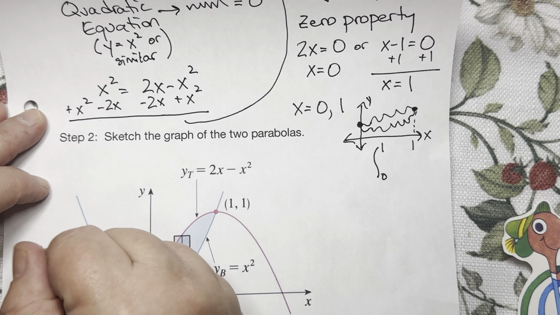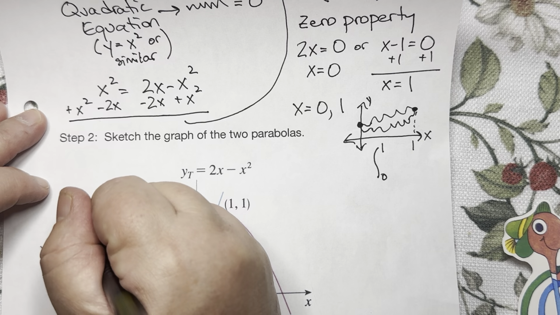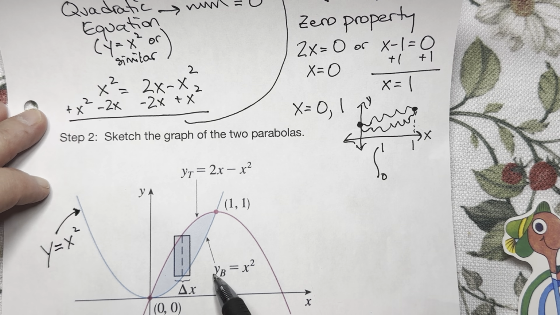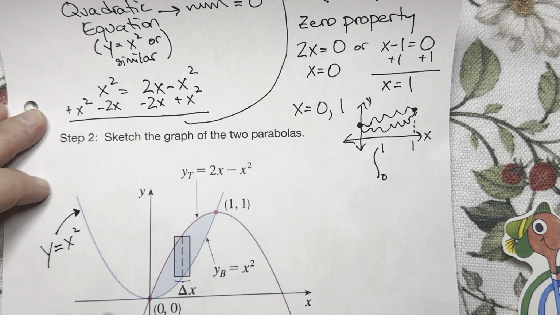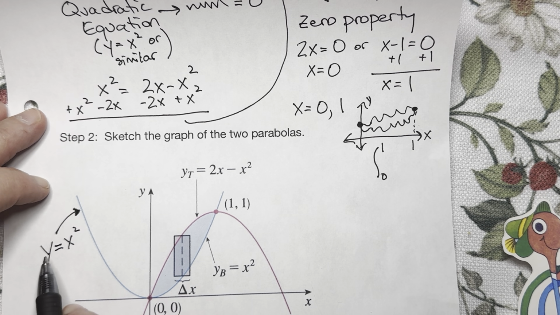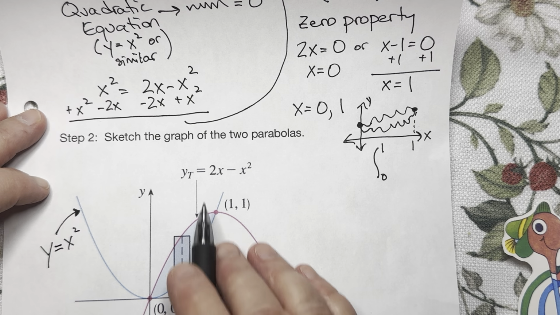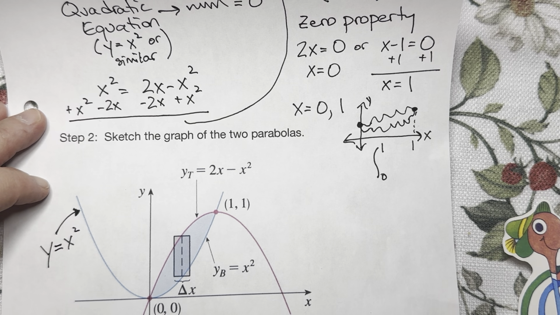So this graph, y equals x squared, is this guy. Now you can see why they've written y sub b. I would probably actually call this y sub g, but I think they use b for bottom and t for top. I'm just guessing.